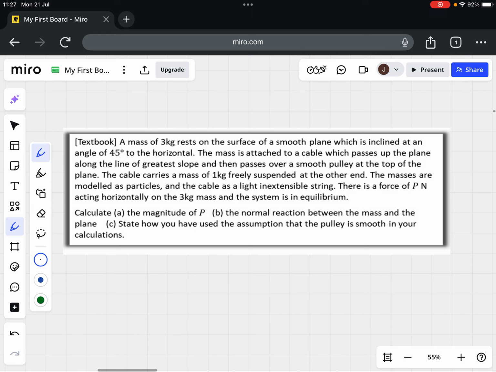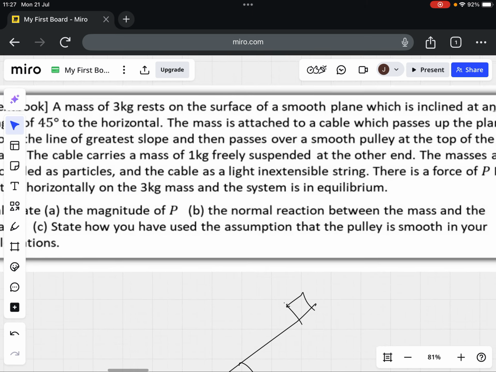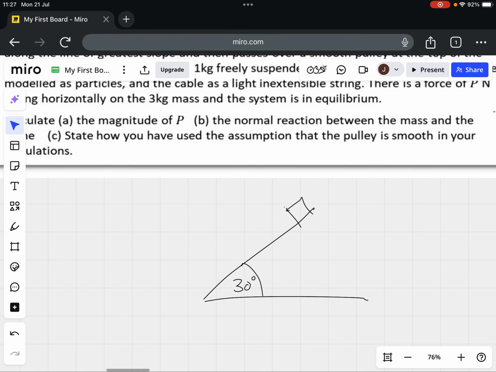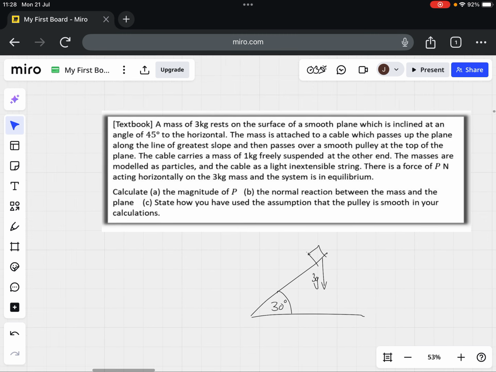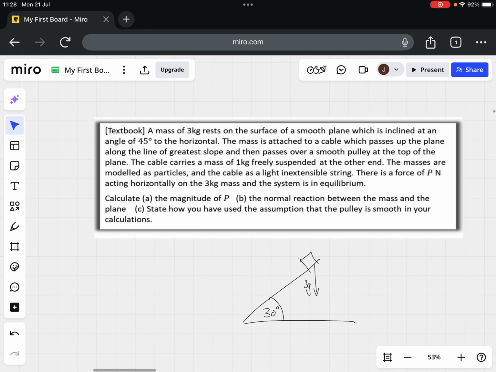So this is going to be one of these ones, a block. I'm going to do something like this. Zoom in a little bit. Mass 3 kilograms, so 3g. Anything else? Smooth.